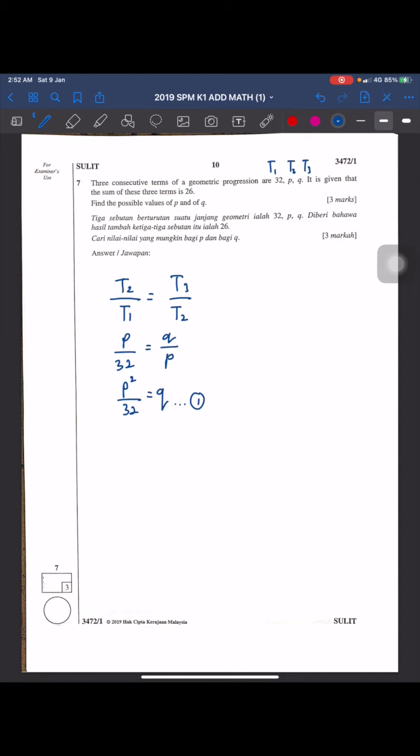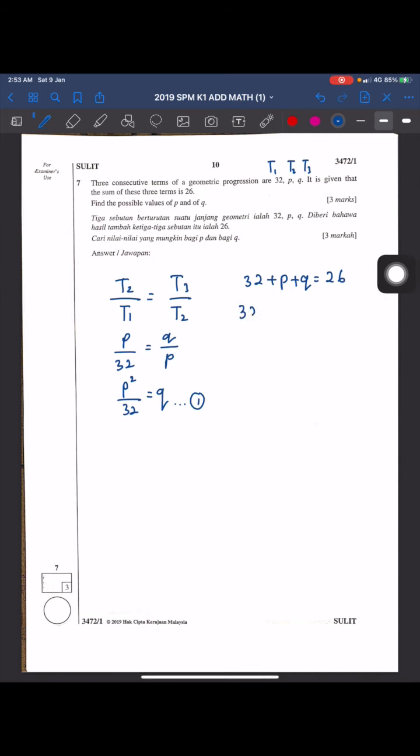So second information, dia kata sum of these 3 terms. So 32 plus P plus Q is equal to 26. So this is the second information. So saya cuba substitute the first part ni tadi ke dalam second part ni.